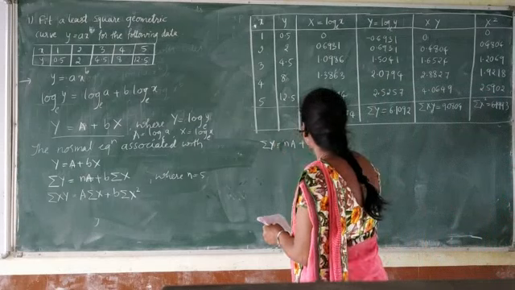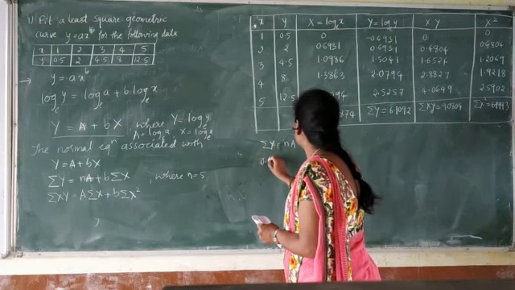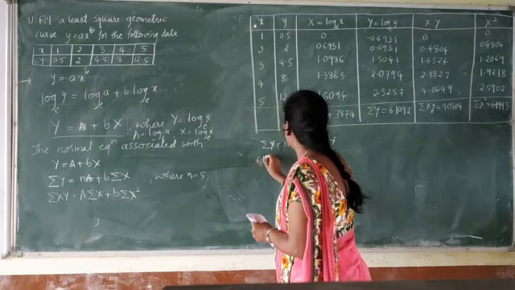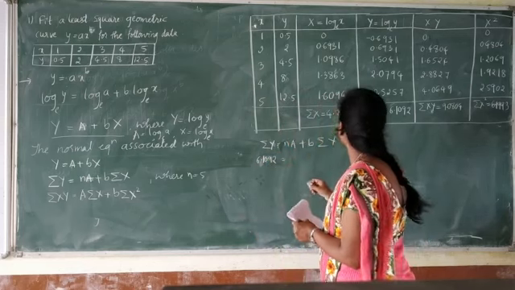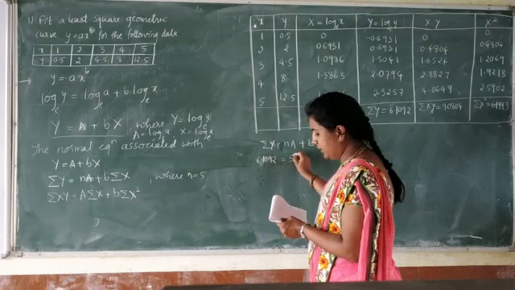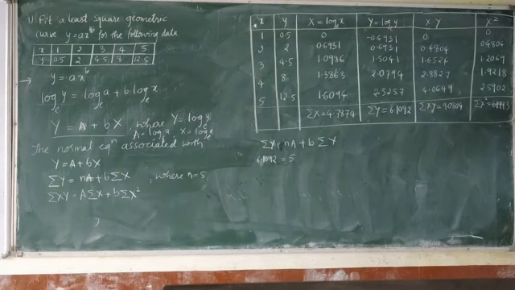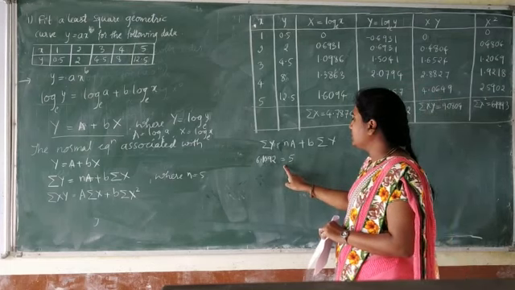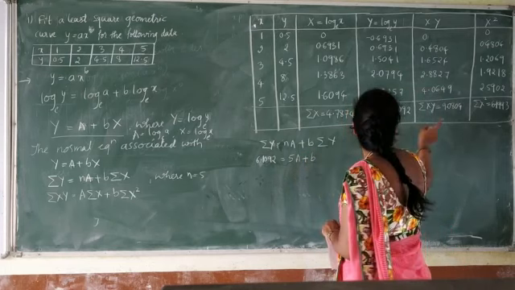Summation of y is 6.1092. So this is equal to 5A plus B into summation of x.